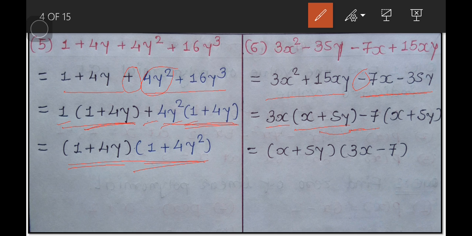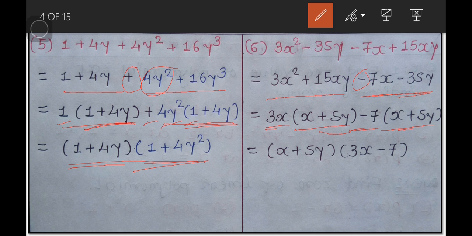Now in the bracket, the remaining part from 7x is x, as I said that we change the sign of every term as we extract the minus sign. So we extract minus 7 from both terms, and the remaining part is x. Given minus 35y, we change the sign to plus and get 5y.